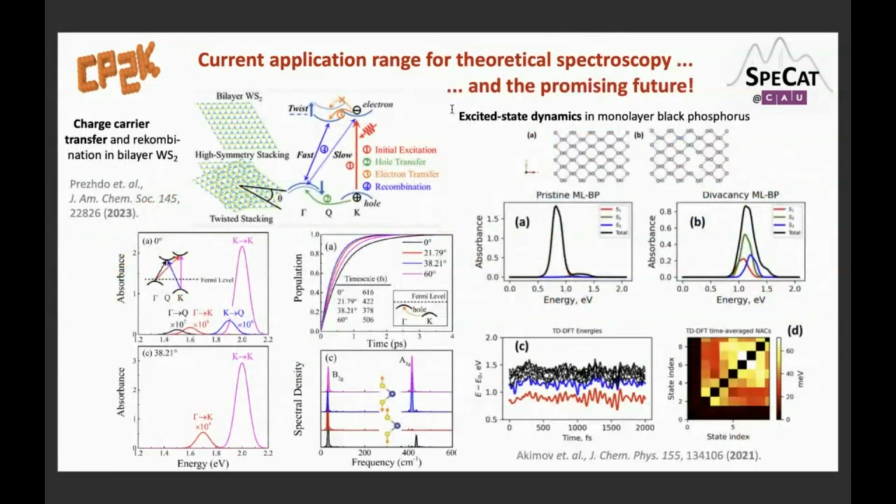And I think the most exciting is this relatively new upcoming field to extend the applications from static spectroscopy to the dynamic picture, with works, for example, by the group of Bretso and by the group of Akimov, who are now not only computing static absorption energies and excited state gradients, but who are also, based on that, computing non-adiabatic couplings that allow then to describe these excited states, as I said, dynamically, for example, to model the charge carrier transfer in bilayer tungsten disulfide or the recombination dynamics in monolayer black phosphorus.